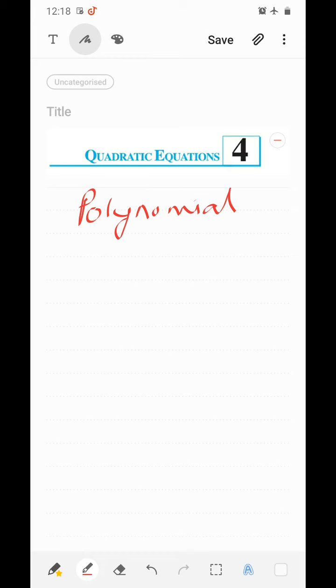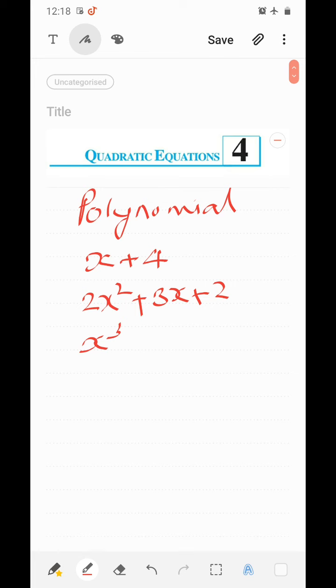For example, I will share a few polynomials. First, x plus 4, 2x square plus 3x plus 2, x cube minus 2x square plus 5.